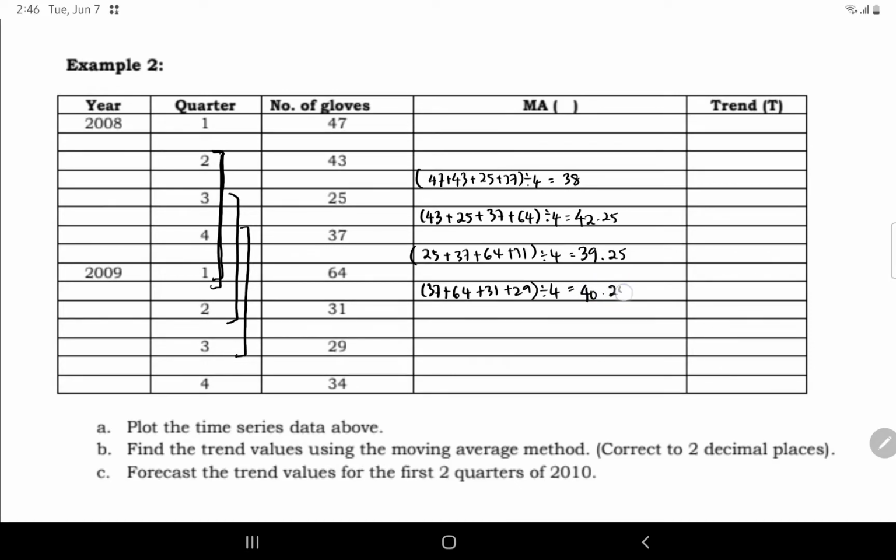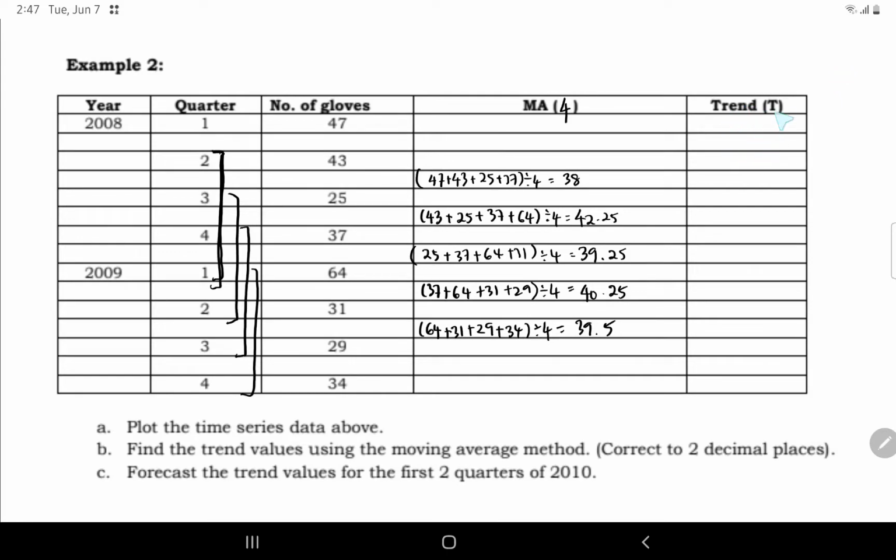And then finally these 4 sets: 64 plus 31 plus 29 plus 34 divide by 4. The answer is 39.5. Okay, this is our MA4.